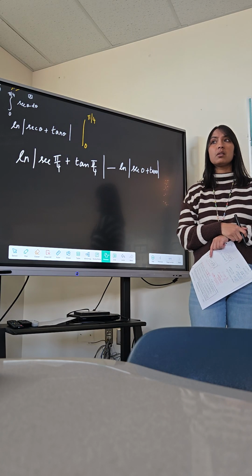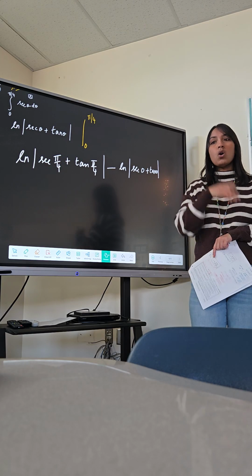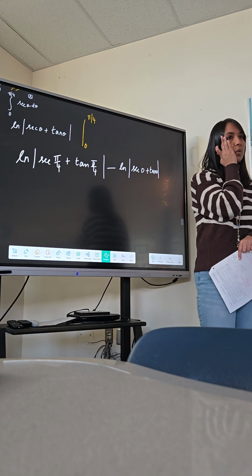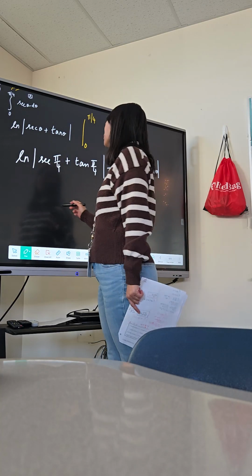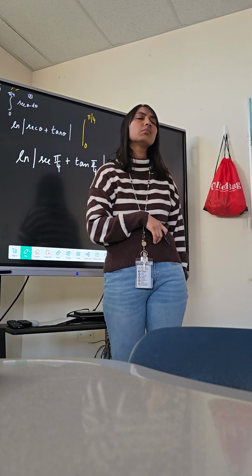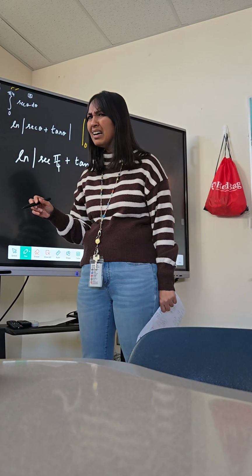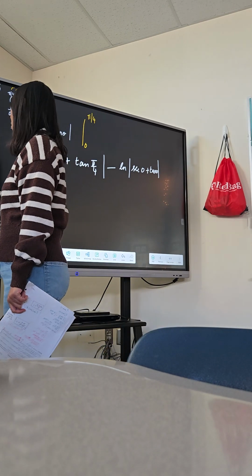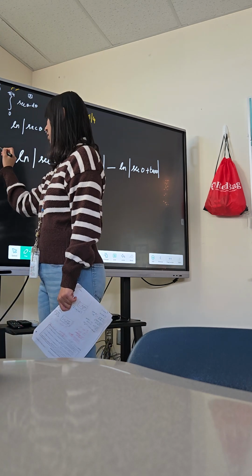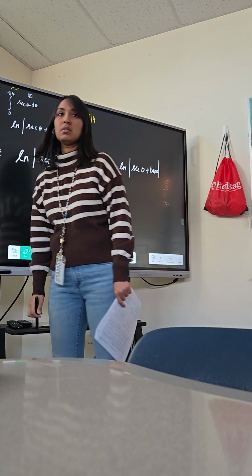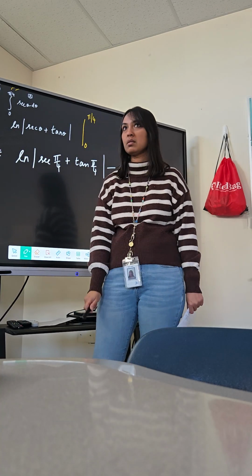Cosine of pi over 4 is 1 over square root of 2 over 2. Oh my gosh. Okay, yes, 1 over square root of 2 over 2, which is 2 over square root of 2, or just square root of 2.